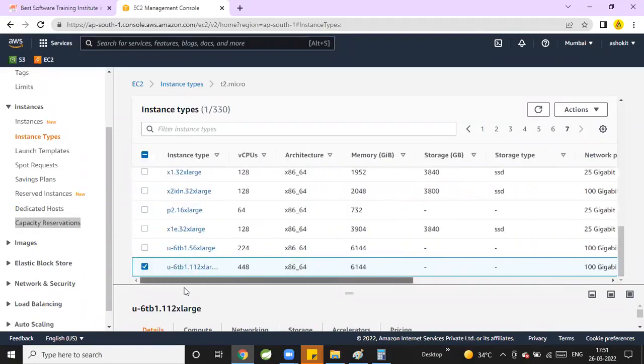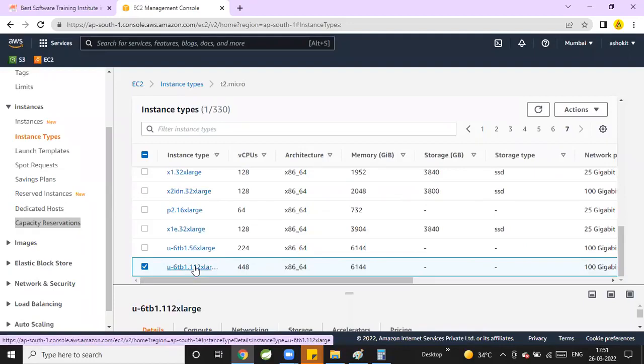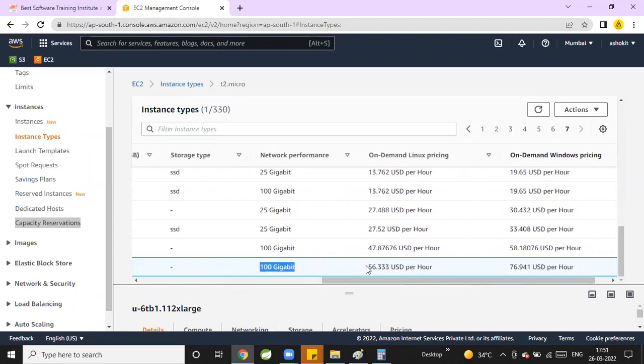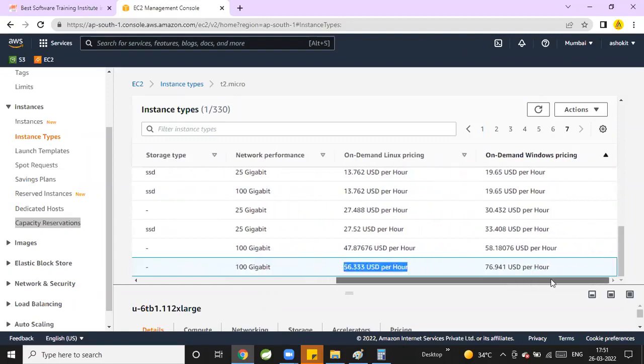What is this instance type, guys? U6TB, instance type U6TB large instance. How many CPUs are they providing for that? 448 CPUs. Memory 6144. Network performance 100 gigabit. $56 per hour if you go for a Linux machine. $76 per hour if you go for a Windows machine.